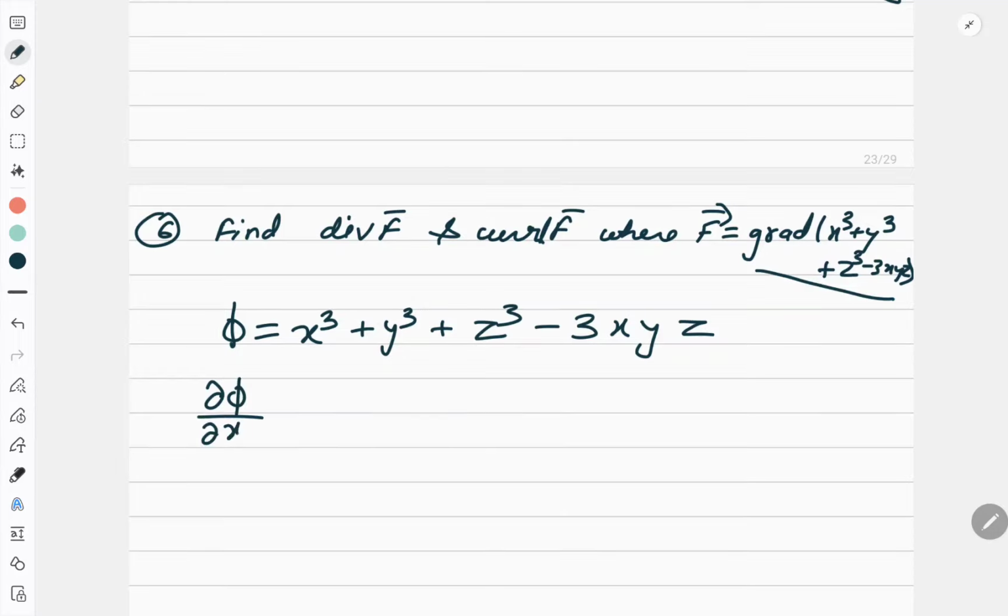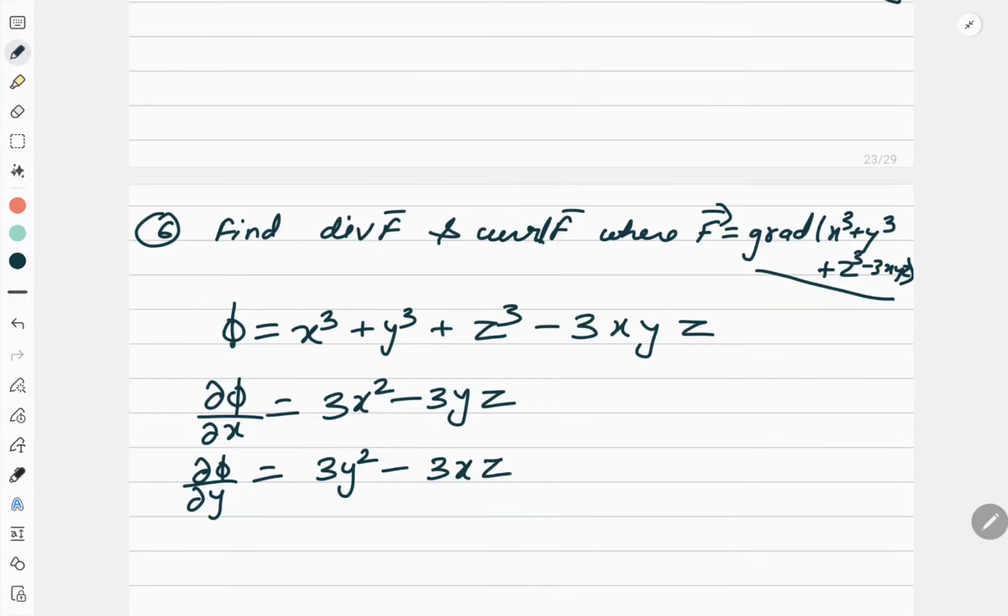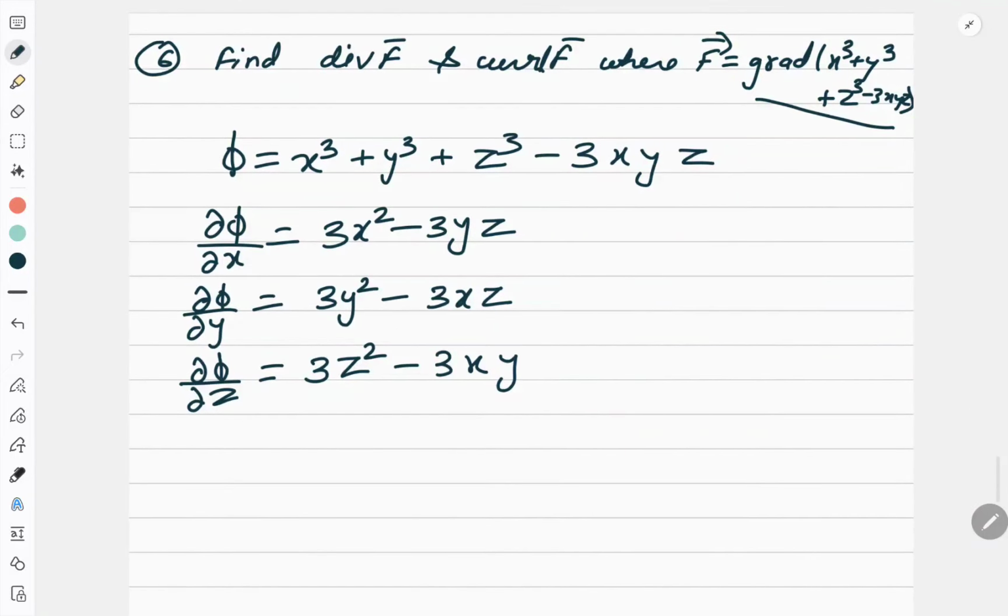So dou phi by dou x is equal to 3x square minus 3yz. Then dou phi by dou y is equal to 3y square minus 3xz. Dou phi by dou z is equal to 3z square minus 3xy. So what is your f now?